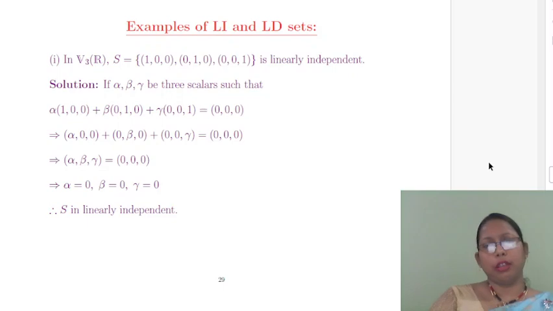If alpha, beta, gamma are three scalars such that alpha into (1, 0, 0) plus beta into (0, 1, 0) plus gamma into (0, 0, 1) is equal to the zero tuple, then by using the properties of addition and multiplication of tuples, I get (alpha, beta, gamma) equal to (0, 0, 0). Therefore, since the linear combination of the scalars with these vectors is 0, that implies the scalars are 0. Therefore, the set S is a linearly independent set.